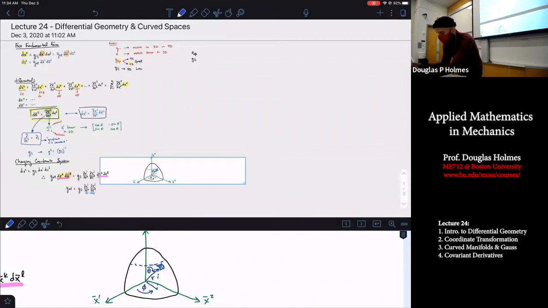If I call my little vector from the origin to the edge of the sphere r, we'll call it r bar as my vector. Then this would be parameterized by something like r sine theta cos phi. I'm hoping you've seen this before in a multivariate setting. Sine theta sine phi and r cos theta.